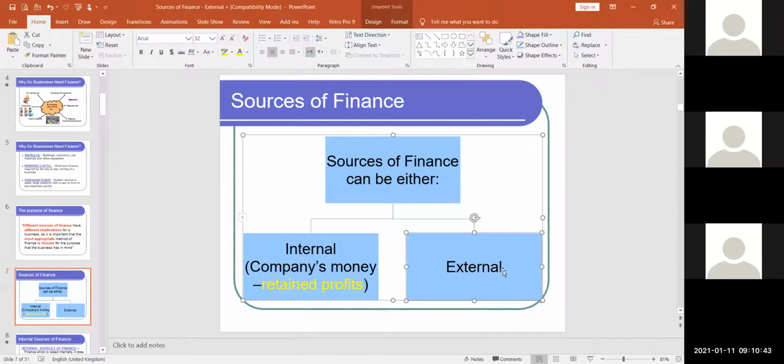So external here, it's related to borrowing from banks. Could be selling shares through the stock market, you go to the stock market, sell shares and get money through the stock market.